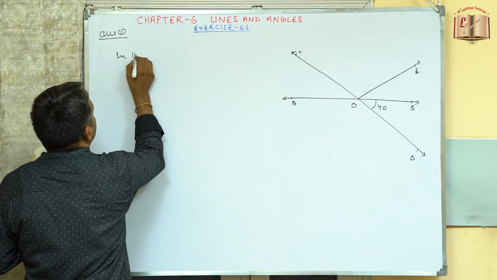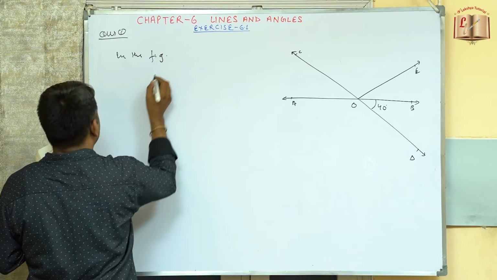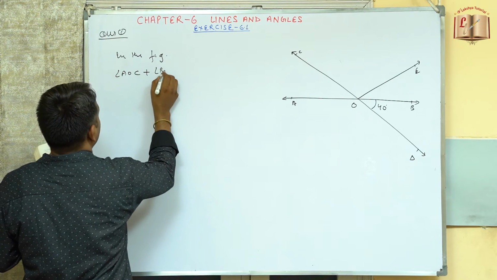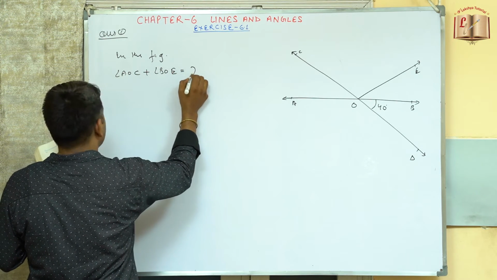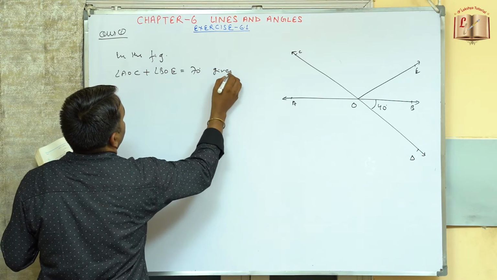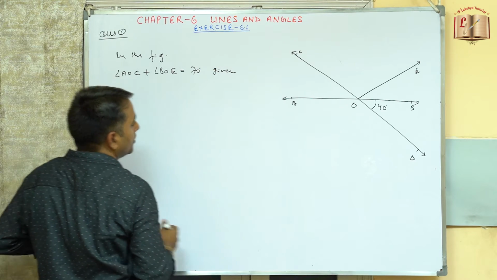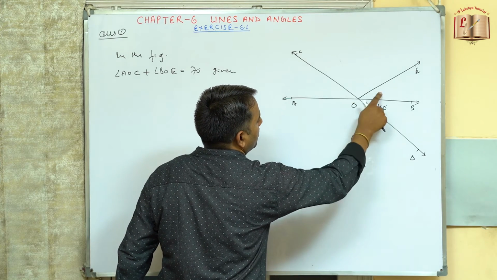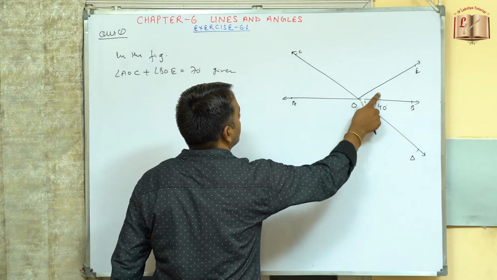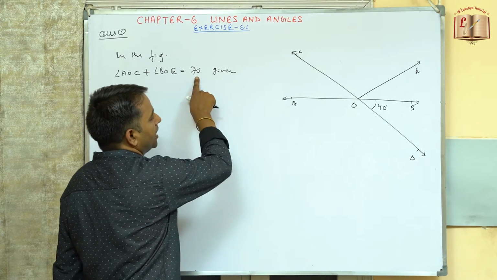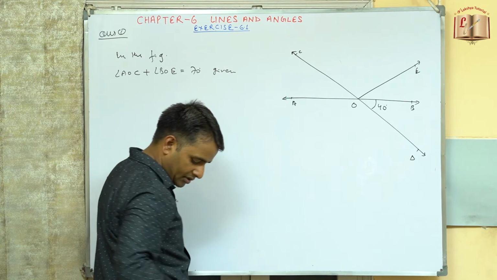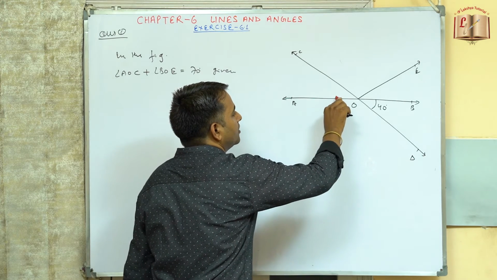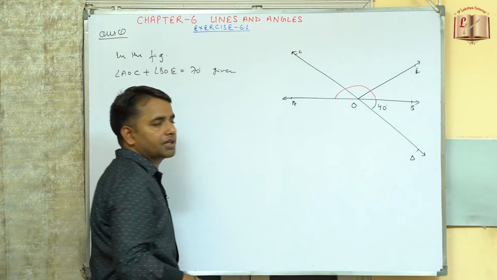In the figure it is given that angle AOC plus angle BOE is equal to 70 degrees. The sum of these two angles is given to us. So we can easily find another angle. This is a linear pair, a straight line.